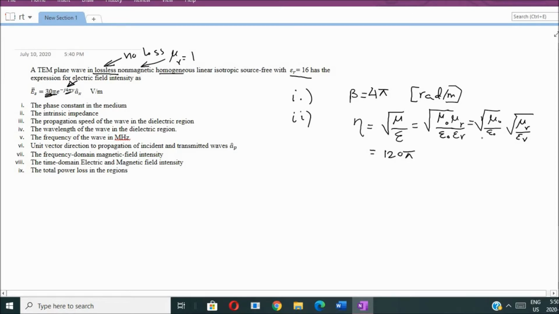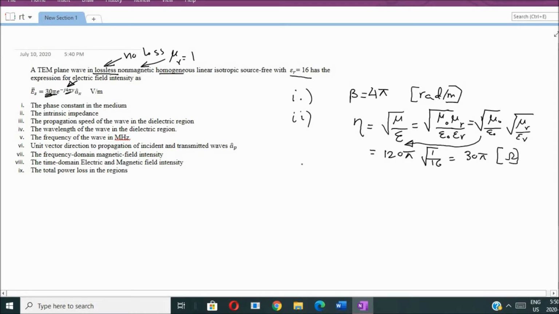This value is basically 377 ohms, the intrinsic impedance of free space. Then mu r is 1 as it is non-magnetic, and epsilon r is 16, so 1 over 16 under the square root. That will be 94.25. The unit is ohms.